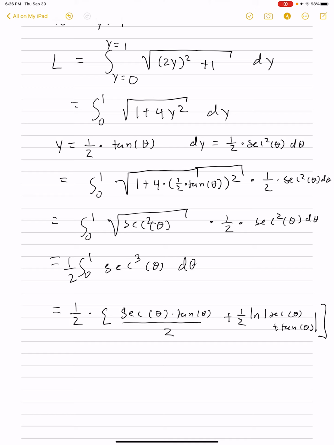We also have limits of integration, and these are in terms of y equals 0 to y equals 1.